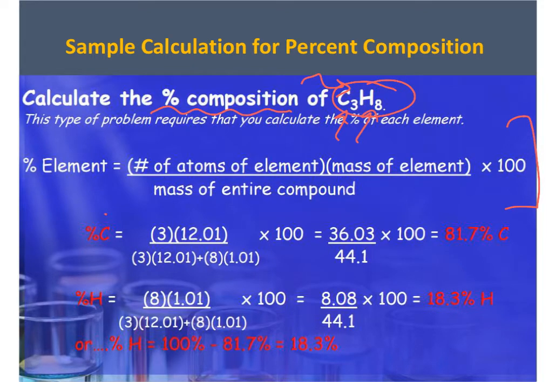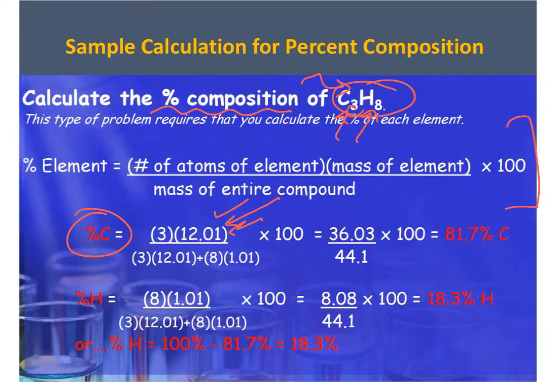So let's start with percent carbon. We know the molar mass of carbon is 12.01. Be especially careful in percent composition and empirical formula calculations to carry a lot of digits in your molar mass, because just a tiny change in the hundredths place can cause a completely different percent composition or empirical formula.